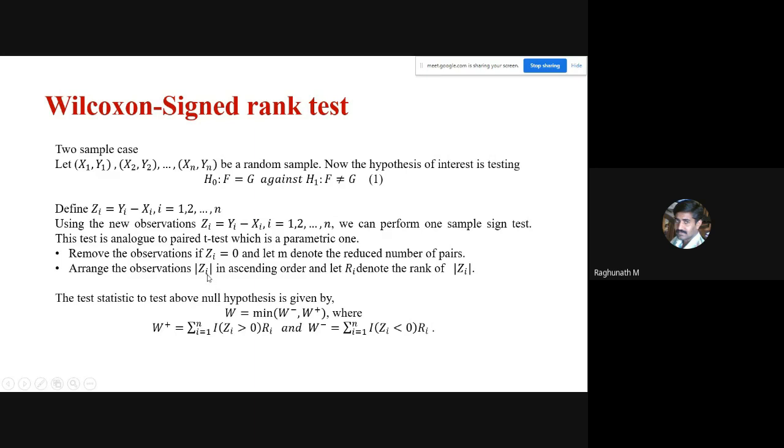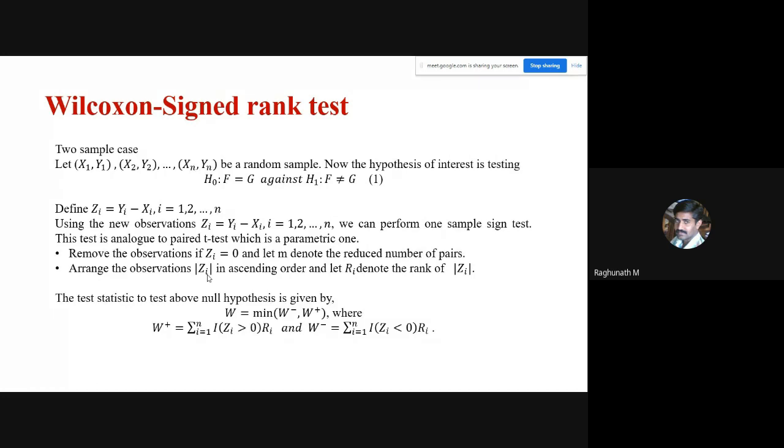Forget about 3 and minus 10. Simply order them by the absolute value. Now this plus 3 will come to the left side, whereas the modulus of minus 10, which becomes 10, will come to the right hand side. That will have a higher rank.